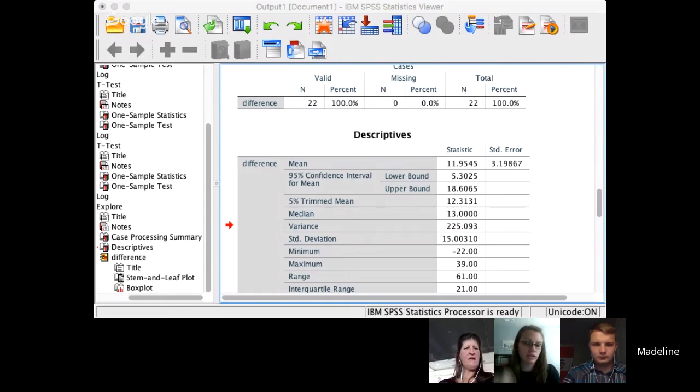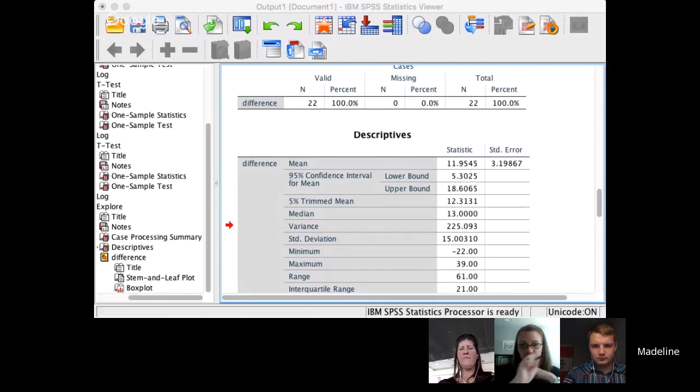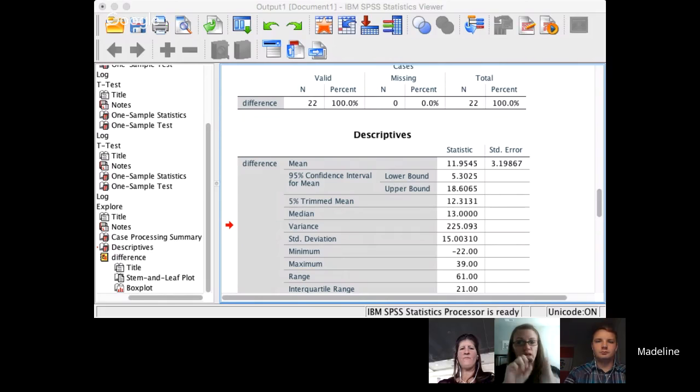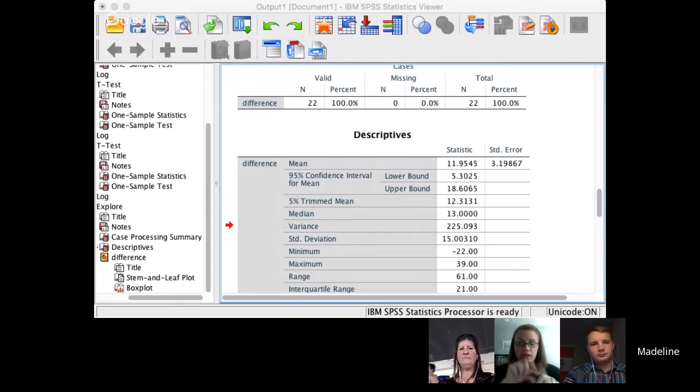So if you were going to use the lower level, you would take your mean minus your lower level. If you think of it on a number line, your mean is in the center, and you're just trying to figure out the distance between that center point and the low point, or the center point and the high point. They're going to be equal to each other because the mean is always exactly center.